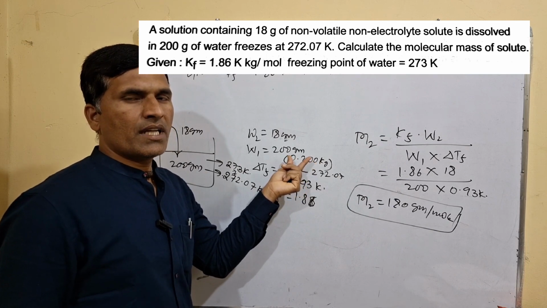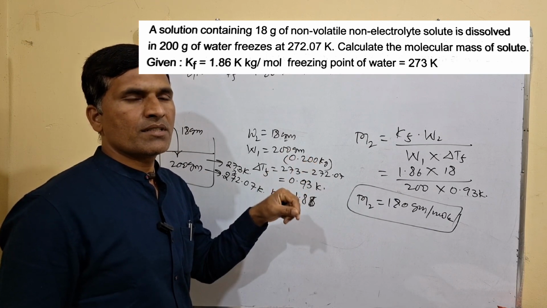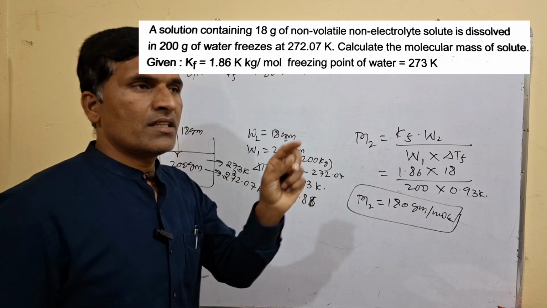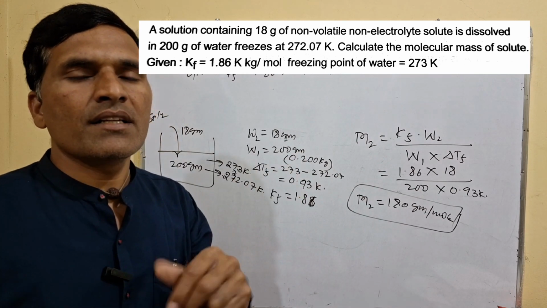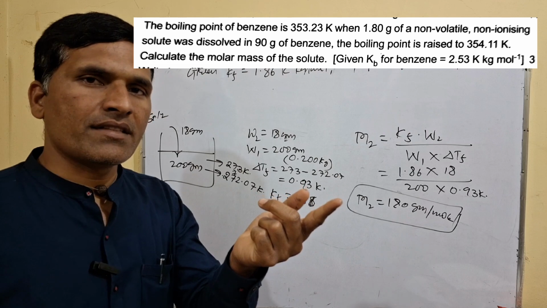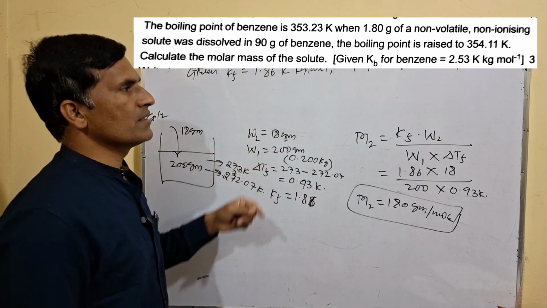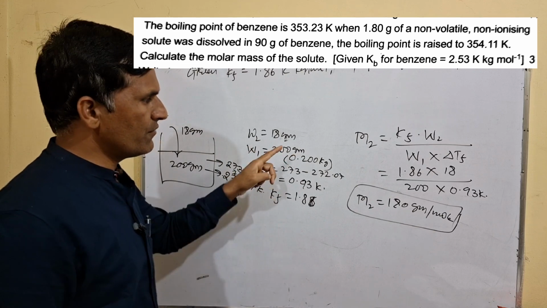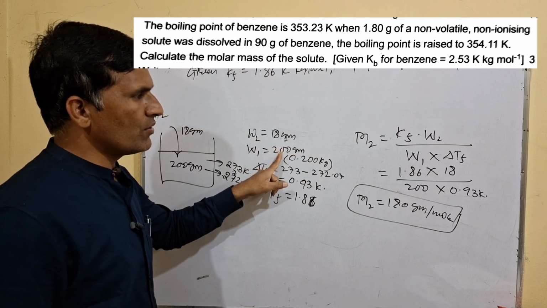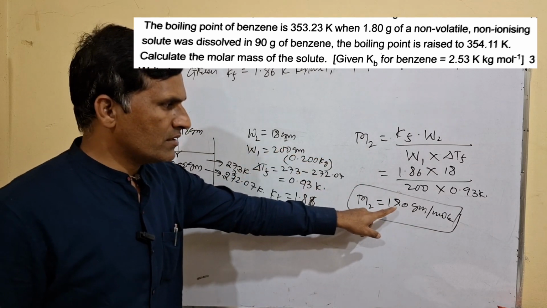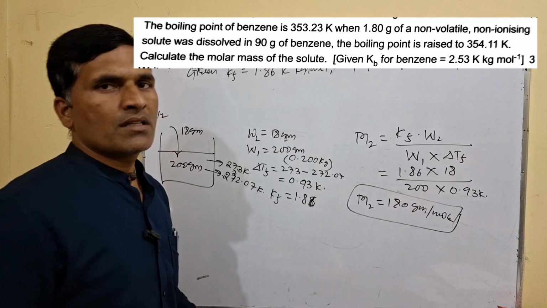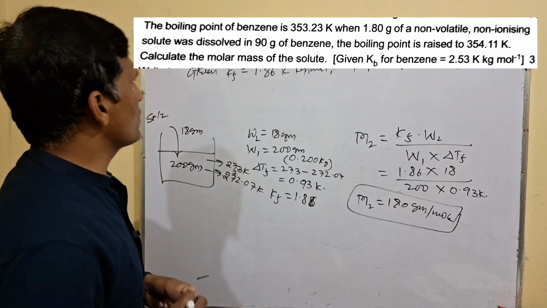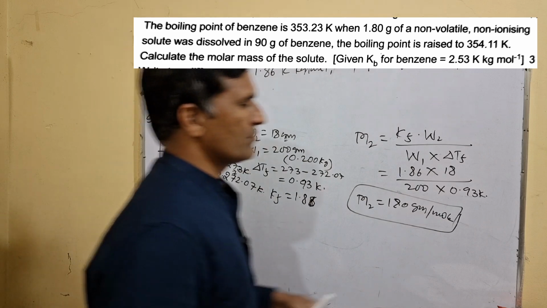Both in elevation in boiling point, depression in freezing point, and even osmotic pressure, they will give the volume in terms of milliliter, and there you are supposed to convert into liters. So in these three colligative properties, you should remember this conversion. If you fail to convert that here only, the answer you get will not be appropriate. Fine. So let us move on to the next.